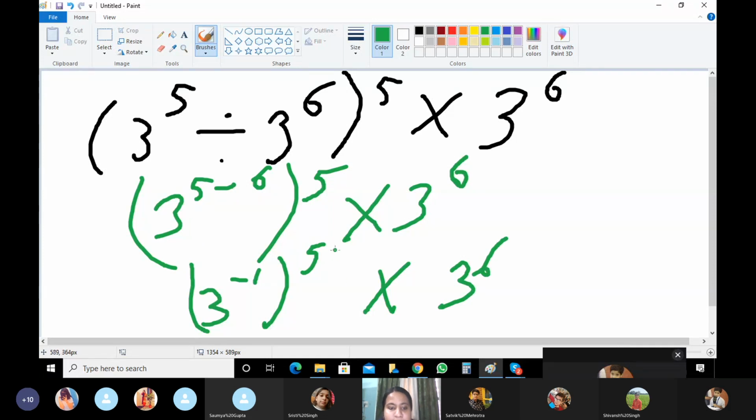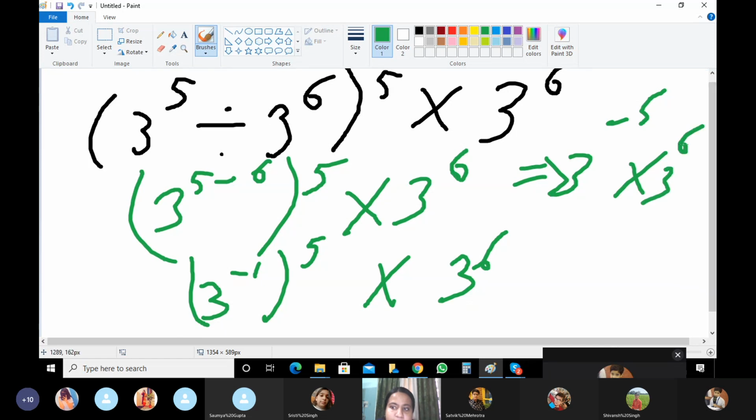Now power of power, so that gave us 3 to the power minus 5 multiplied by 3 to the power 6. Yes or no? Now the powers will get added. So minus 5 plus 6 is 1. The answer is 3 to the power 1, that is 3. Understood? Yes, ma'am.